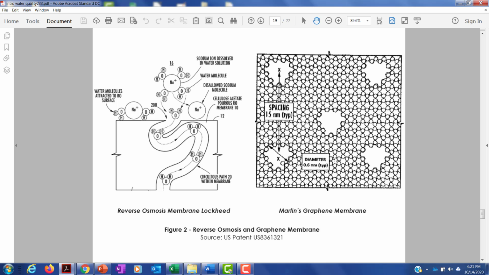That's the basic principle. We're talking about new materials, graphene, nanomaterials, to make what some people call a molecular sieve, a screen so small that a sodium atom surrounded by water won't go through, but a water molecule all by itself can fit through.